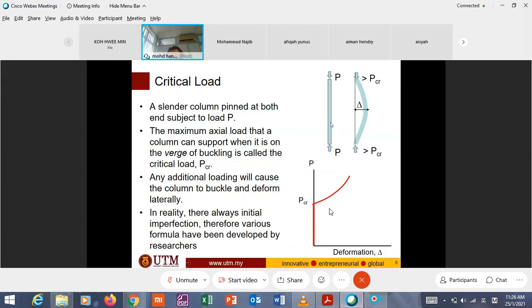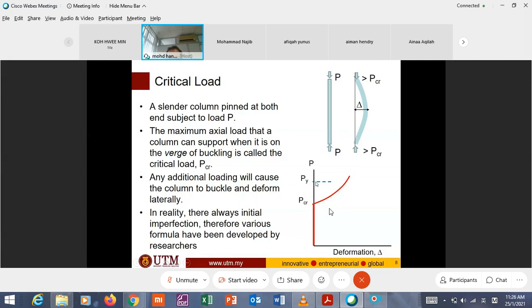This is for perfect condition. And this critical limit is well below the yield limit. For example, this yield limit may be 400, maybe yield stress.